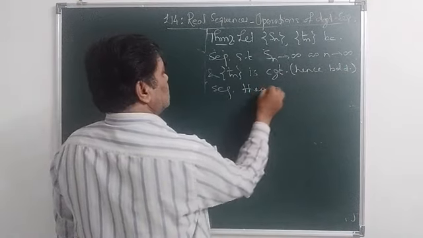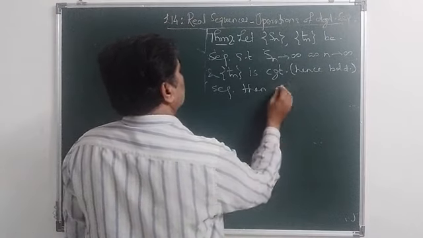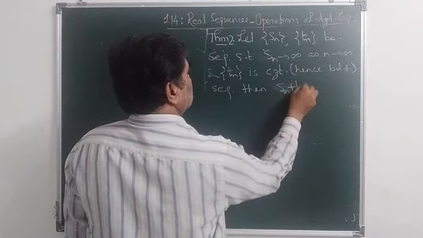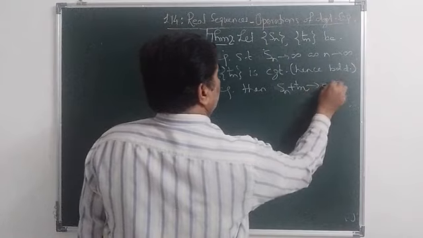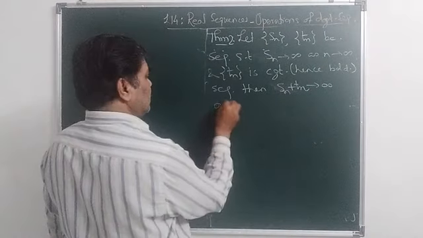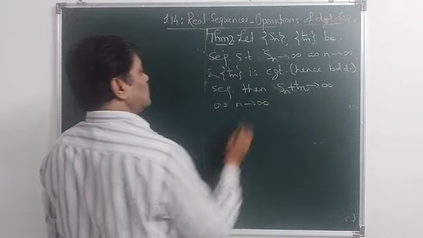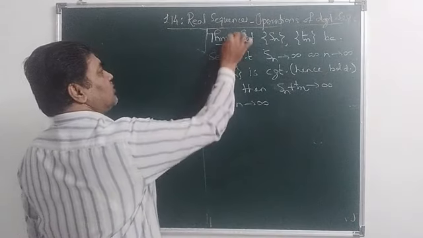Then Sn plus Tn tends to infinity as n tends to infinity. This is theorem 3.